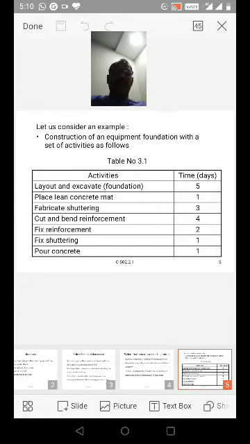The times are 5 days, 1 day, 3 days, 4 days, 2 days, 1 day and 1 day, so the total is 17 days.